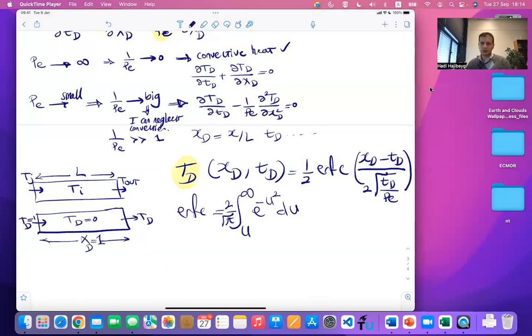That's a mathematical function. If I put it in Python, if I put it in MATLAB, it will give me the value. It's a value for any error function complementary of u. I can put it in here, and then I find the value of it.